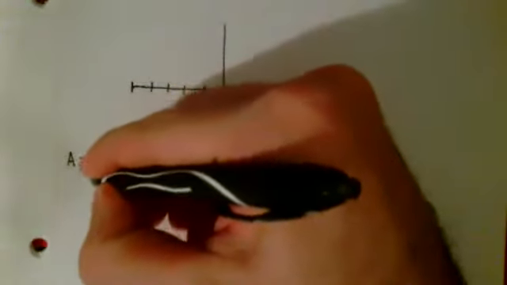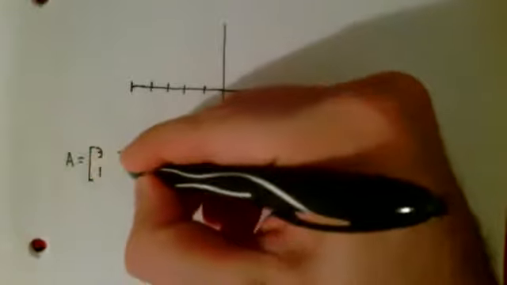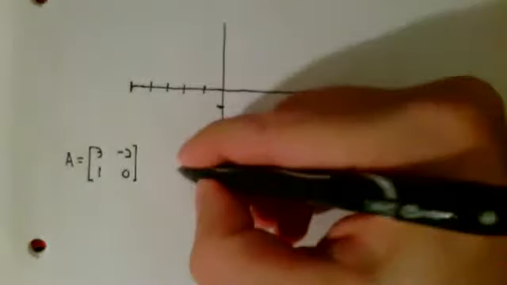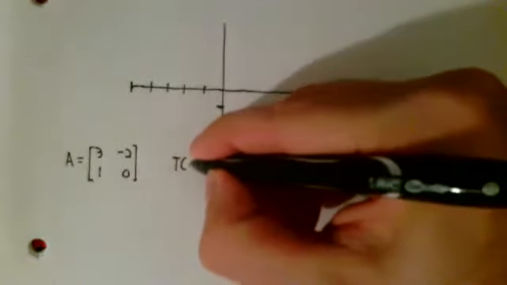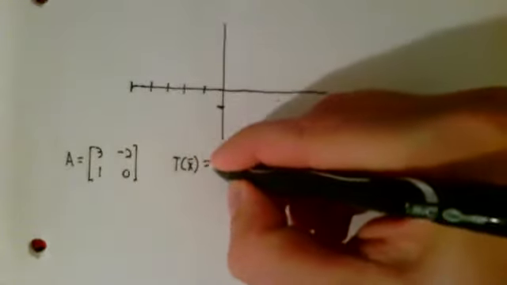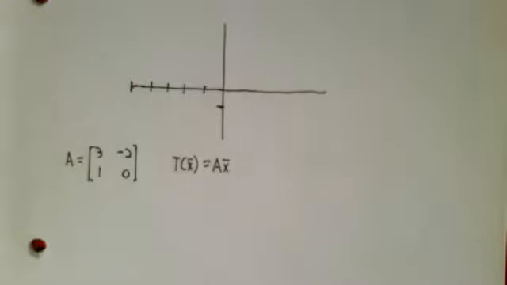We've observed that we can think of matrix multiplication as a function. So if we have a matrix, say this matrix here, for example, we can define a linear transformation T of x equals A times x.